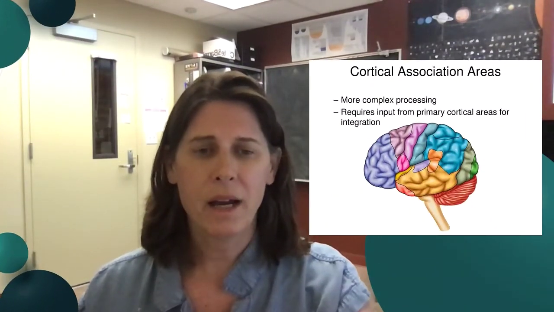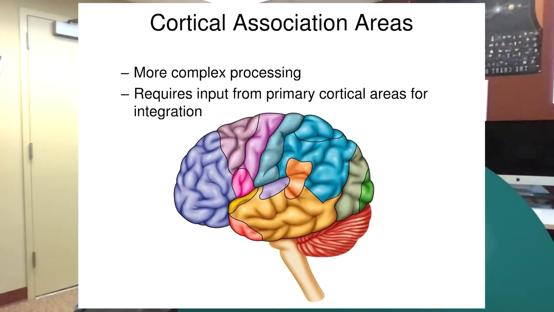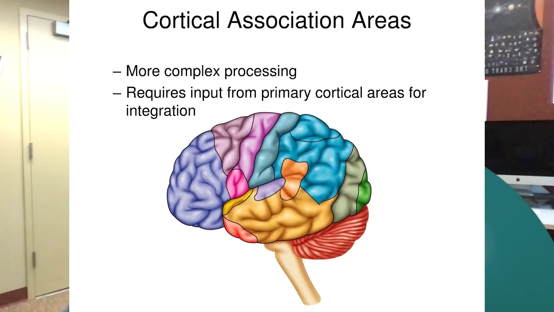Okay. Here's another topic, the cortical association areas. These are areas separate from those main gyri that I've spoken about, and you can see these areas are kind of separated out here. For example, the very dark green in the back, that's the visual cortex. But the lighter green just in front of it, that's the cortical association area.